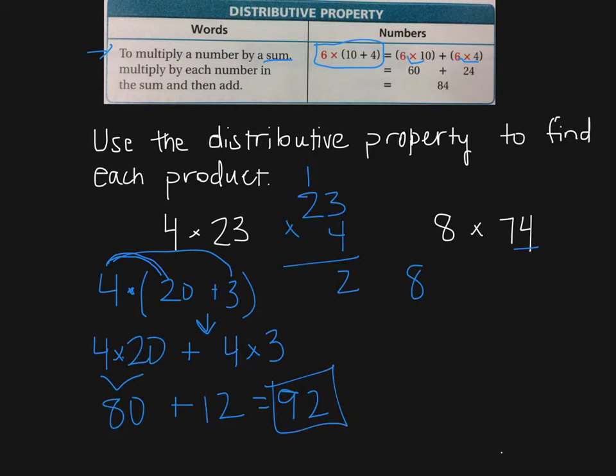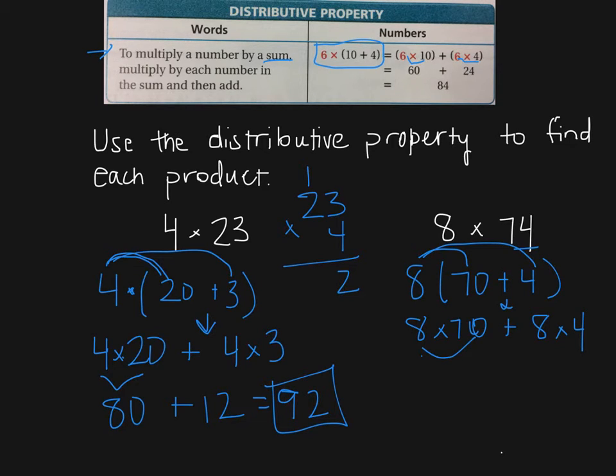I'm going to do 8 parentheses, so that's times 70 plus 4. Okay, so if I distribute the 8 to the 70, that'd be like multiplying 8 and 70 together. And then I am going to bring down my sign. Then I need to distribute the 8 to the 4, so I'm going to be doing 8 times 4.